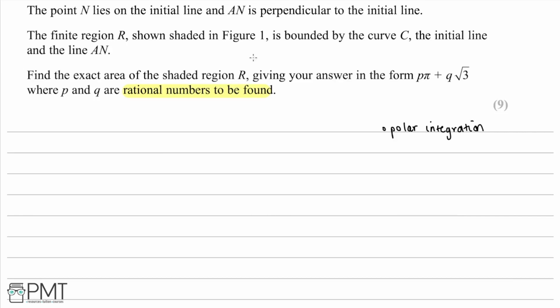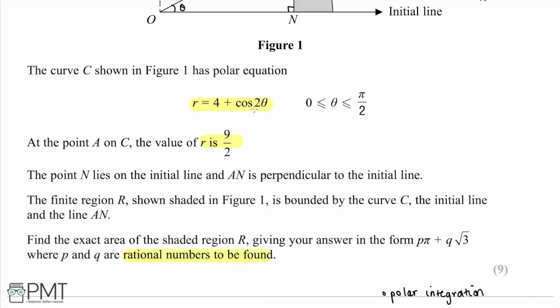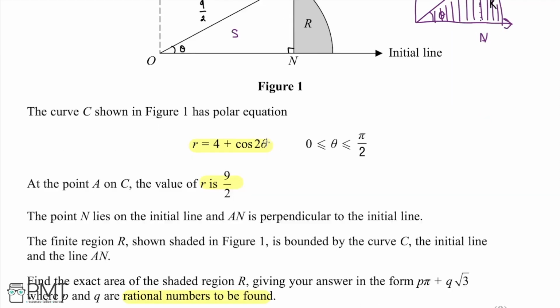So the first thing that we should do is use this information here, that the length of r at the point A on C is 9/2. Well, if r is equal to 9/2, then we can plug this into our polar equation in order to find the value of theta.